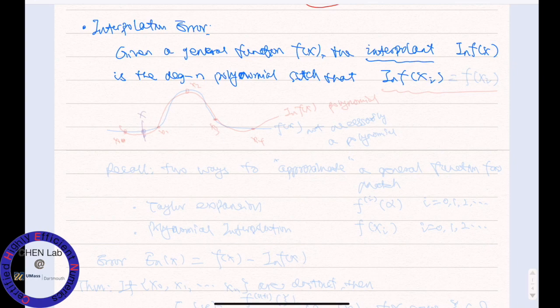You match the function value, it is equal to f of xi.